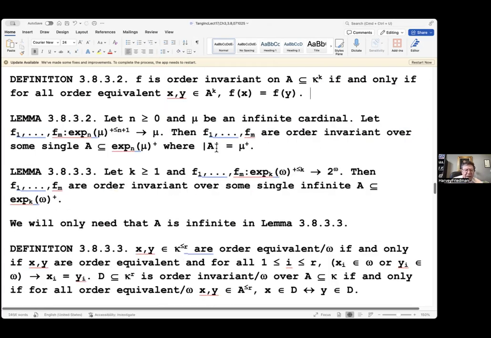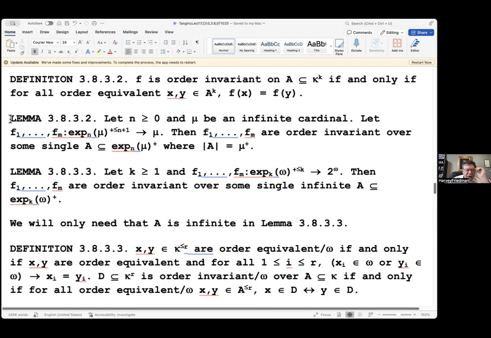All right. So now if I have several functions defined on the subsets of size less than or equal to n plus one, of arities less than or equal to n plus one, arity zero is never allowed, by the way, then I can make these functions order invariant over some single A of cardinality mu plus.